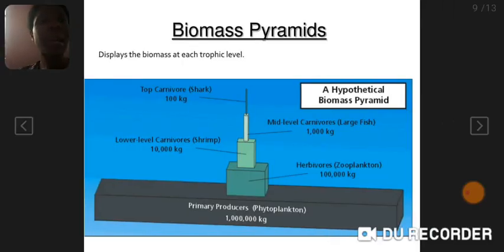Now take a look at biomass pyramids, or pyramid of biomass. What do you observe?